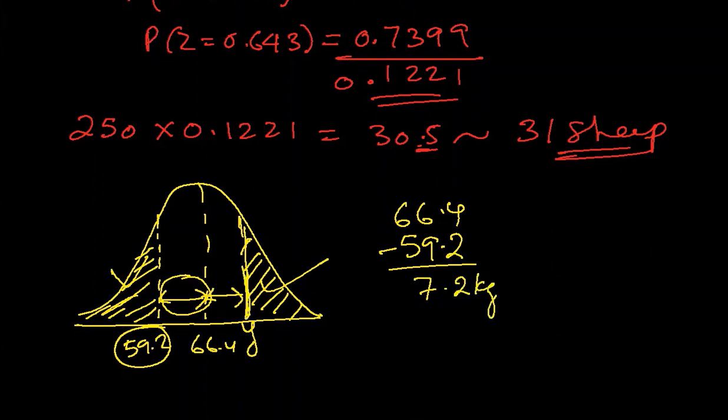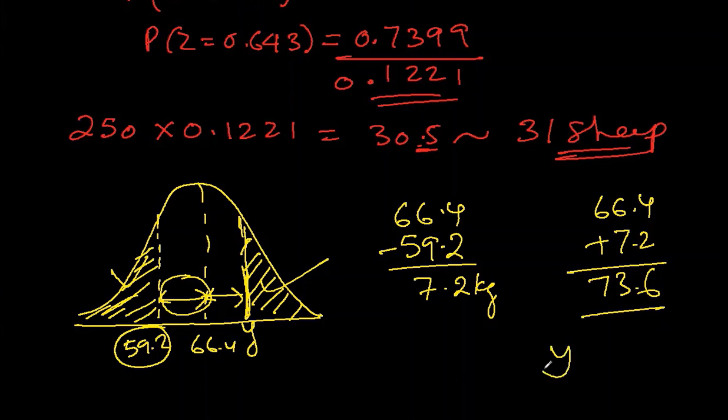So y will be exactly 7.2 away from 66.4. So 66.4 plus 7.2 will give us y, which is 73.6. Y is equal to 73.6 kg. Okay, next one.